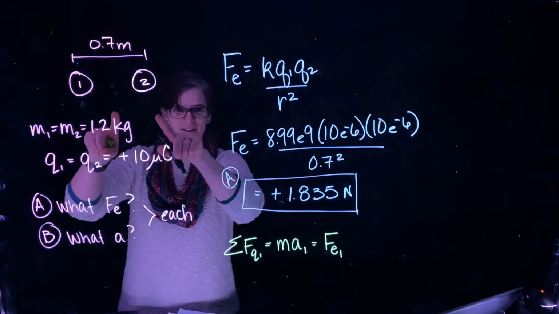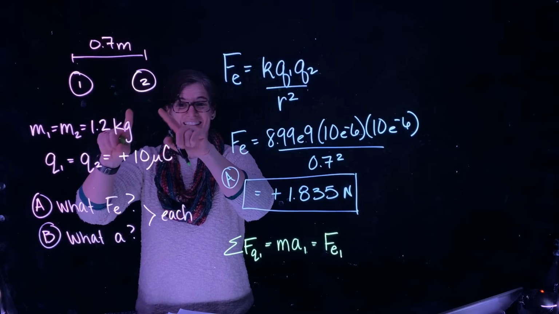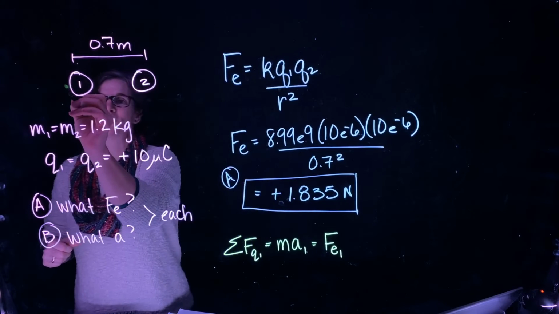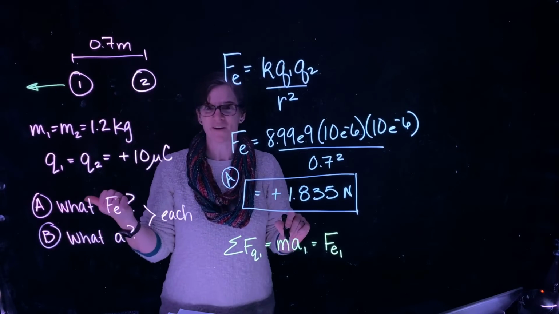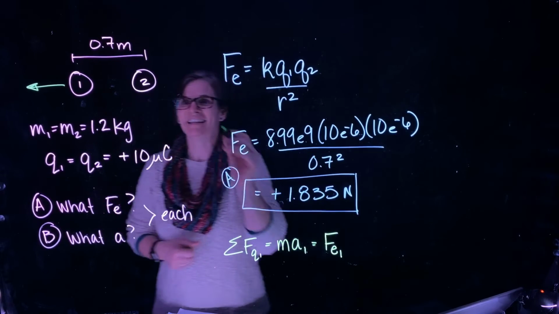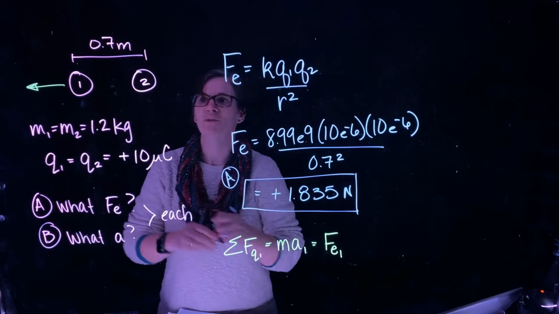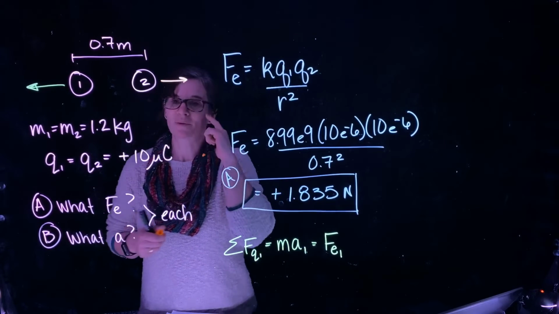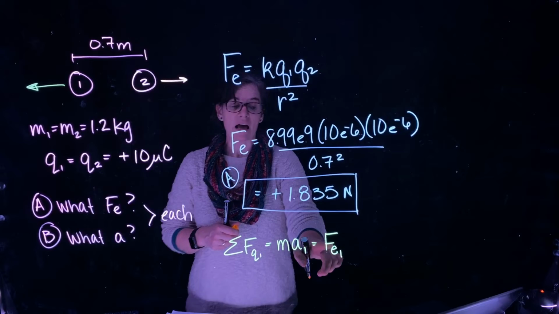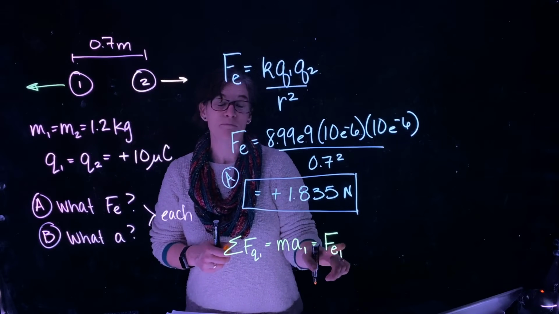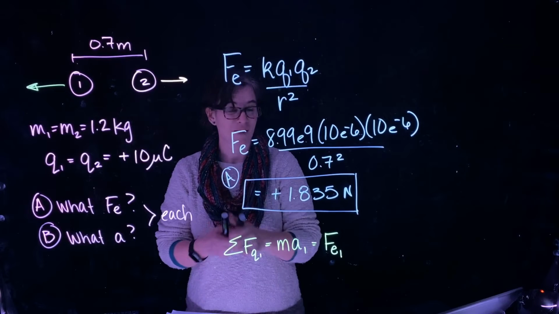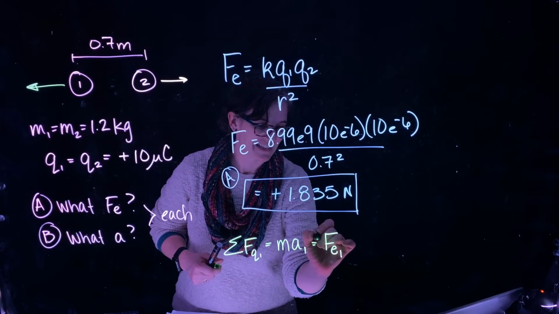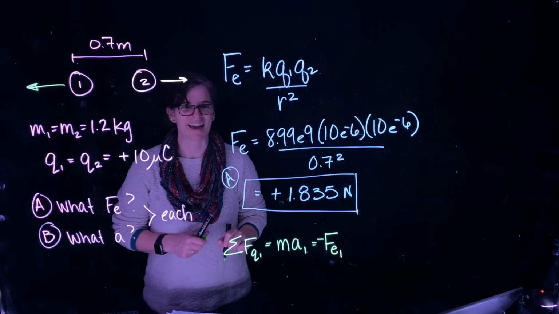So then I have to go to my picture. Well, repulsion in this case means that force 1 is in that direction. The force on object 1 is to the left, and the force on object 2 is to the right. So the motion direction of the electric force on object 1 is negative. We have to pay attention to that.